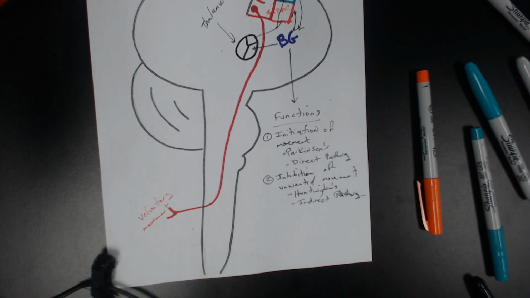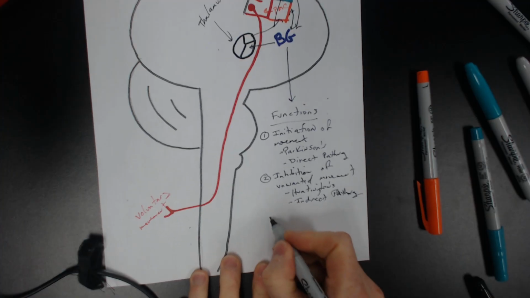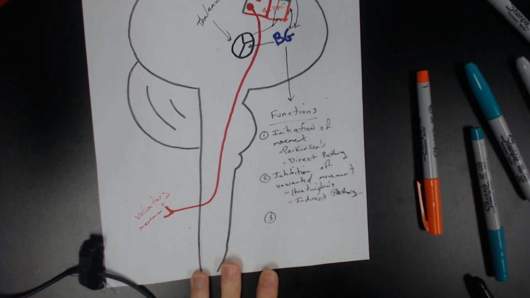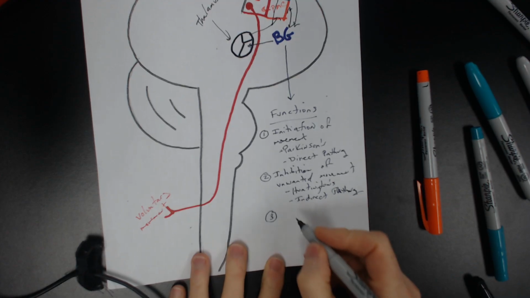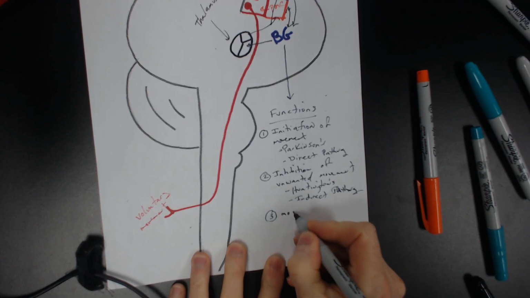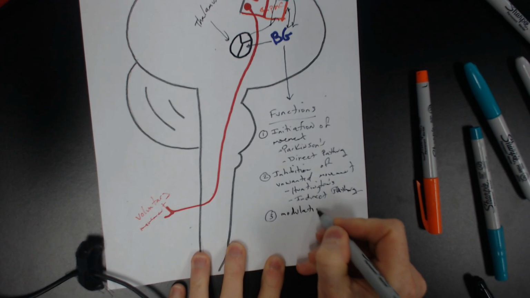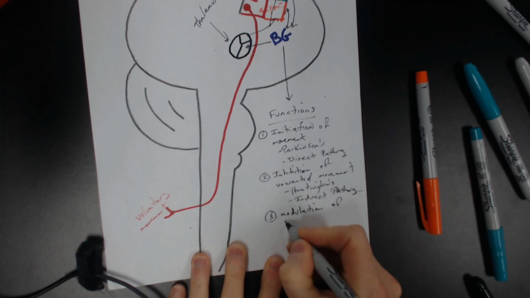The third function of the basal ganglia. So we have initiation of movement, and inhibition of unwanted movement. The third thing that the basal ganglia is responsible for is modulation of the amplitude of movement.